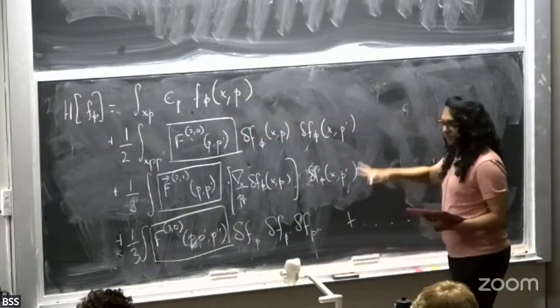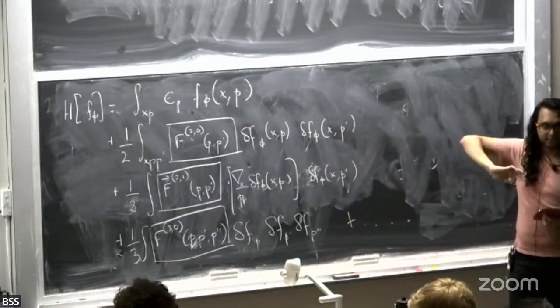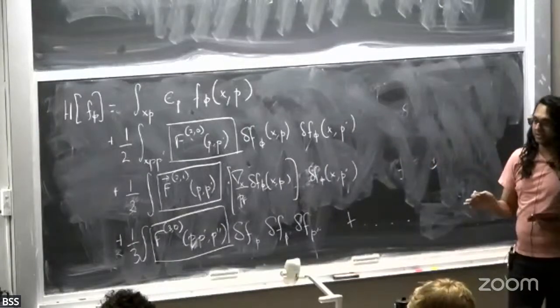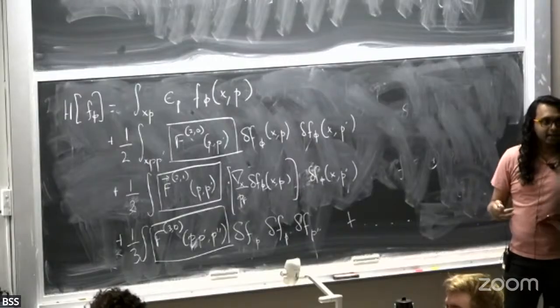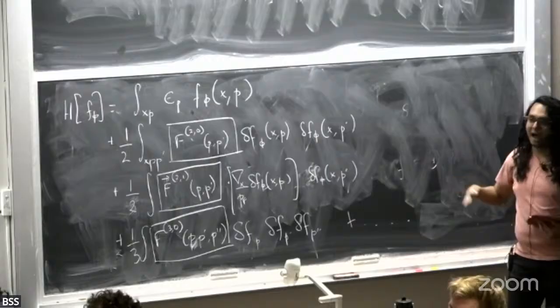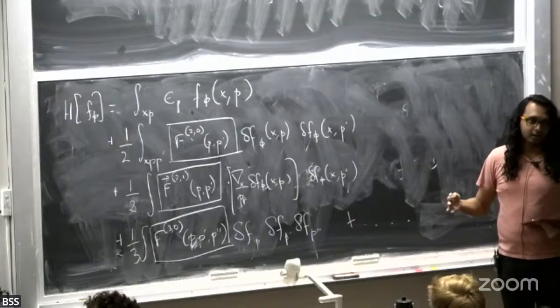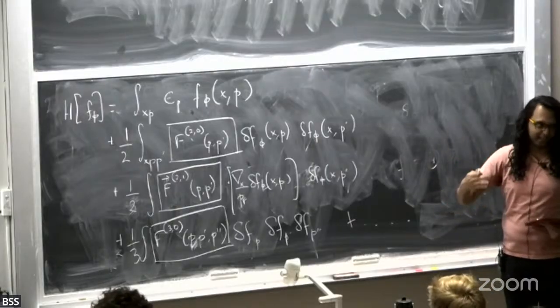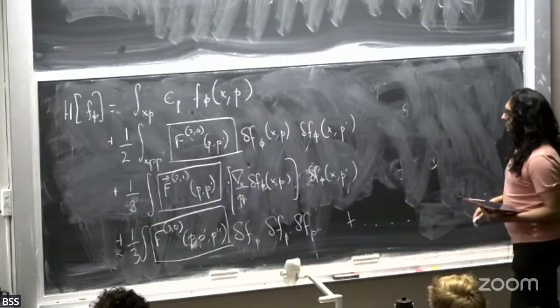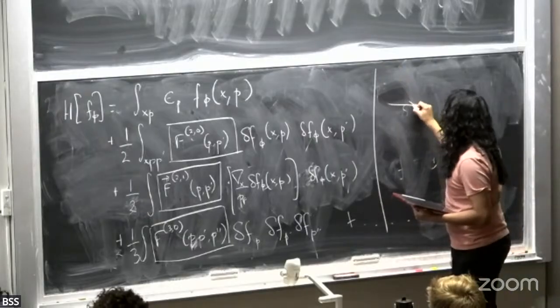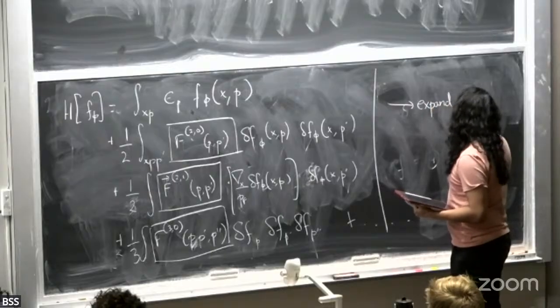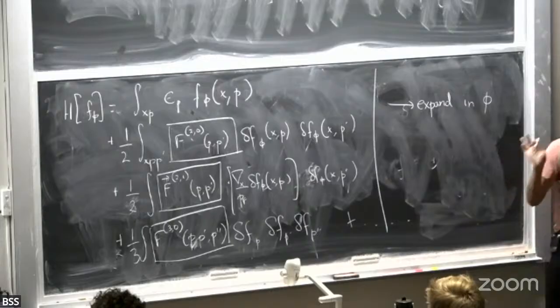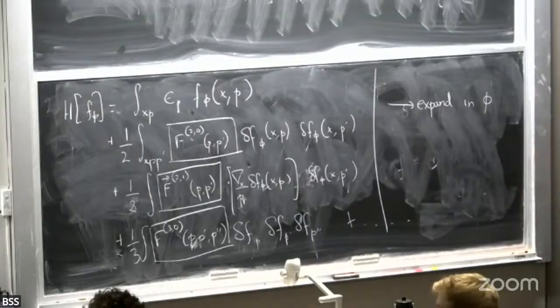This is a way to organize any set of interactions that you might have in a low energy theory in order of how important they are for any specific thing that you want to calculate. This can then be further expanded into an expansion in phi that unfortunately I don't have time for, so I will cite the references.